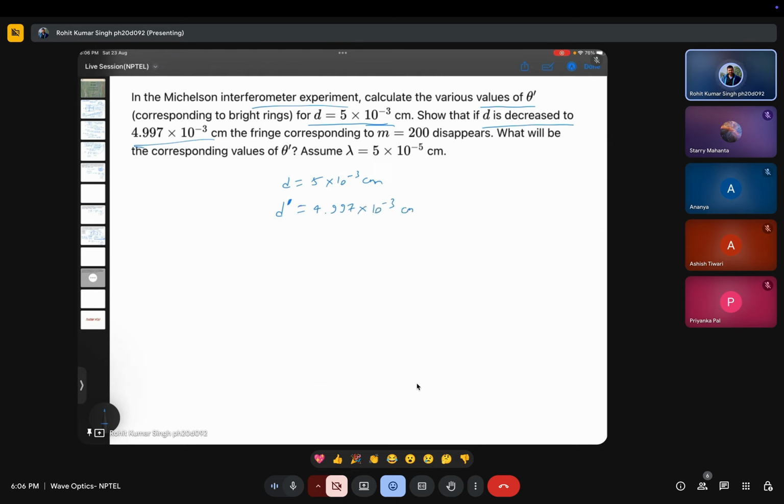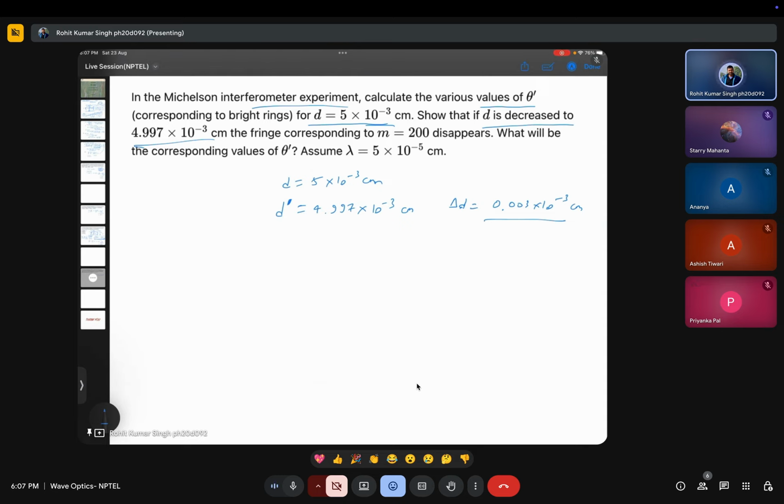So it is decreased by a very small amount. What is delta d? It is 0.003 into 10 to the power minus 3 centimeter, correct? This is a very small distance.